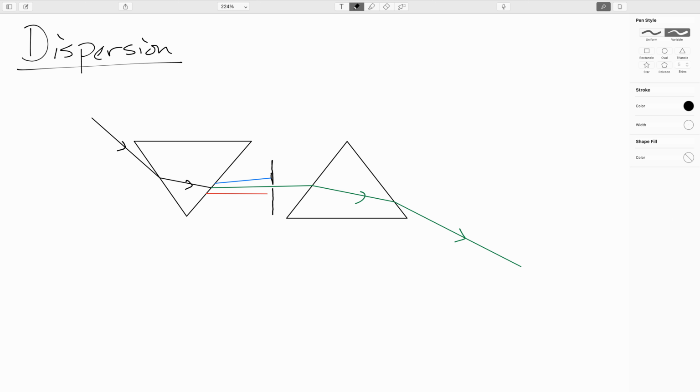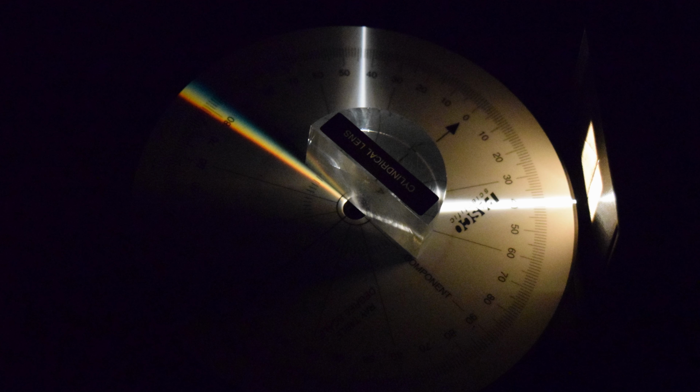Now, what's going on with this? Why does this happen? The phenomenon is called dispersion, and we can get another look at it with this photo right here. You can see that the blue light in the photo is bending more strongly away from the normal than the red light is. Now, what's up with that?